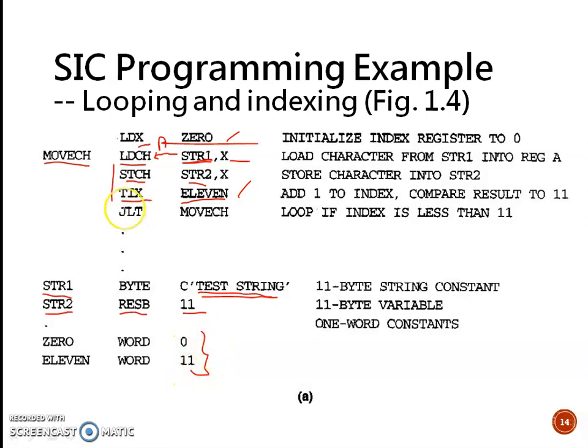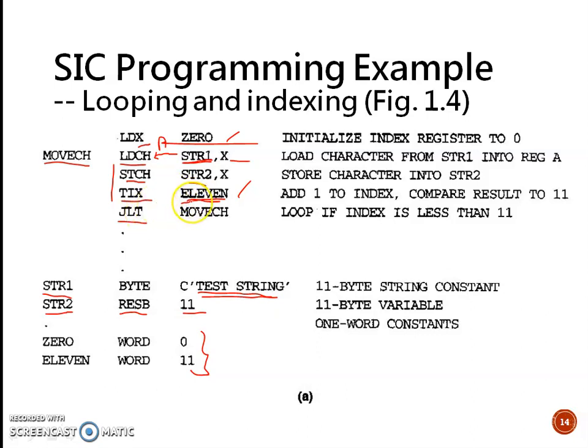Okay, TIX means it increments the X register value and compares the result with this 11. Then it performs the jump statement, that is jump if it is less than.